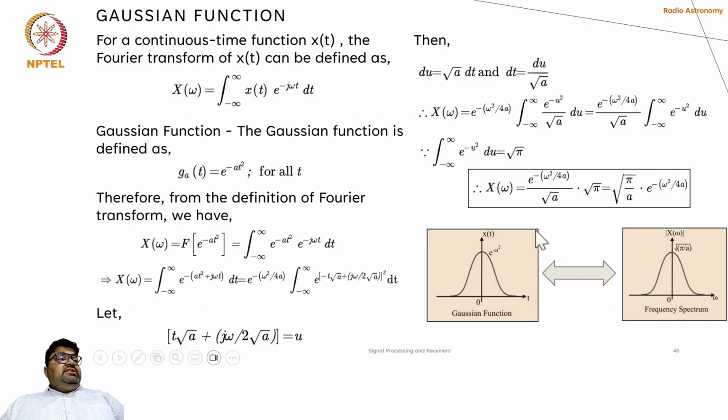If you take a Gaussian function like this, e to the power minus a t squared, you finally get back a Gaussian function with a width equal to the square root of pi by a.